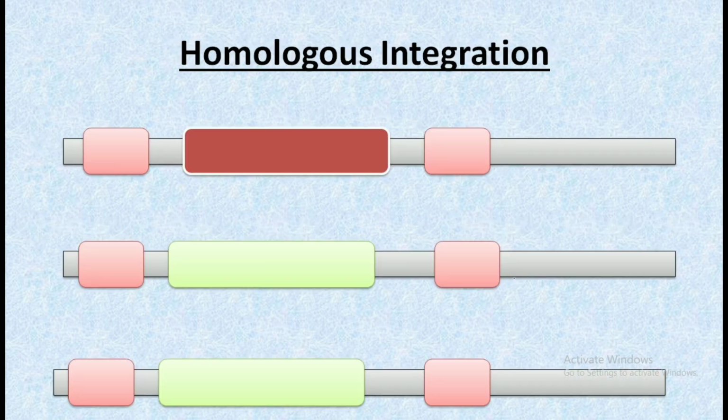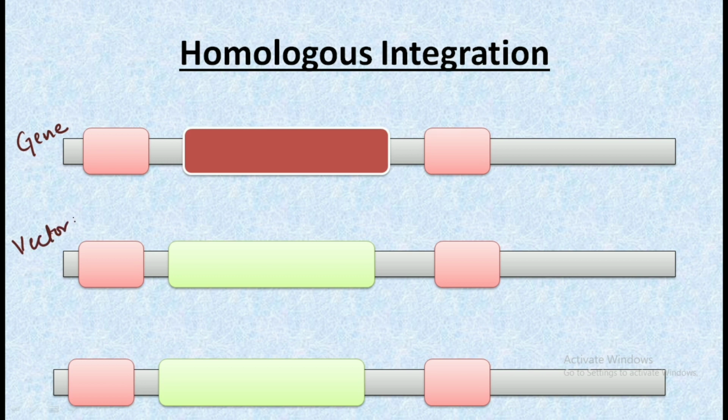So first of all, let us understand homologous integration. What we would be doing is integrating the neomycin cassette at the same origin places. So we have the gene and a vector. On the upper side we have the gene and on the lower side we have our vector.